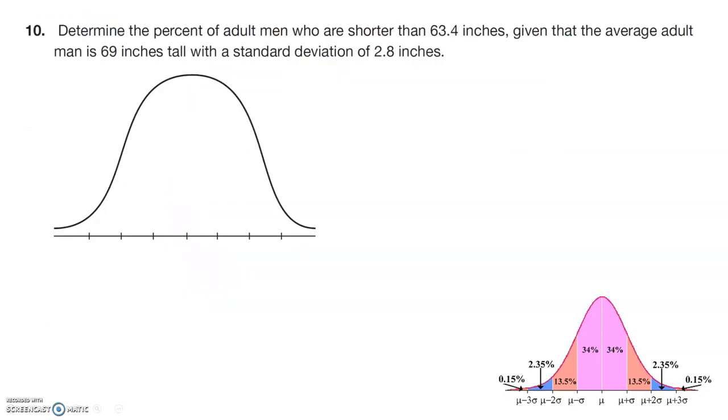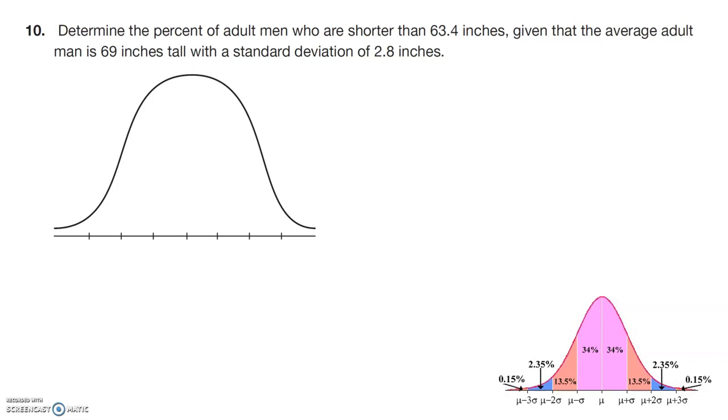So it says determine the percent of adult men who are shorter than 63.4 inches, given that the average adult man is 69 inches tall with a standard deviation of 2.8 inches. So first of all, create the numbers on the horizontal axis. What is the mean?